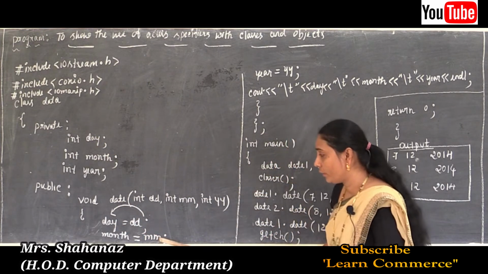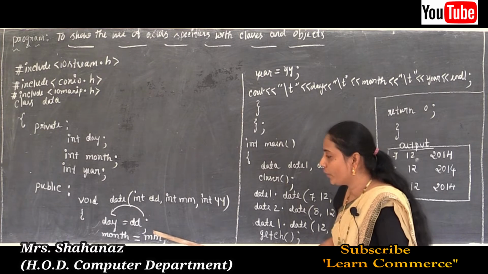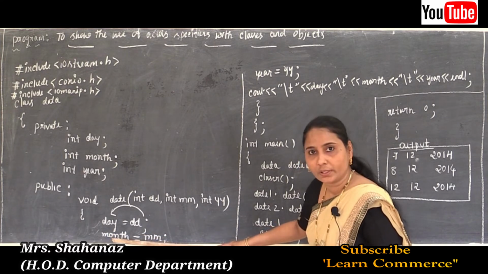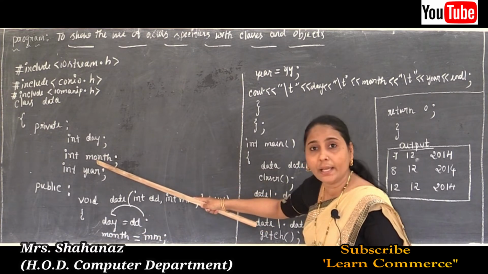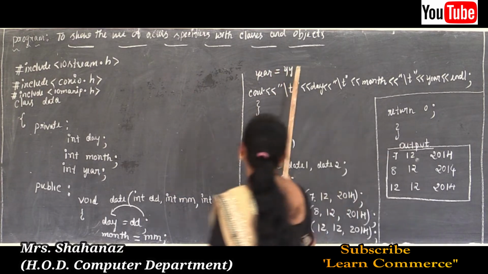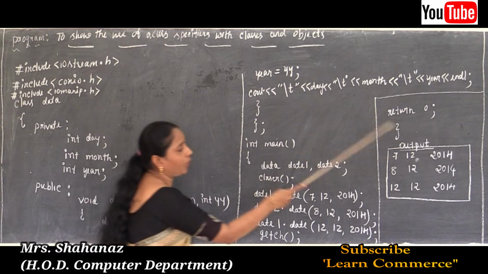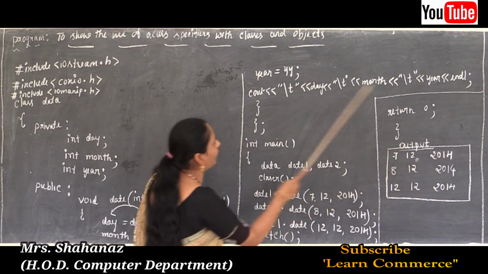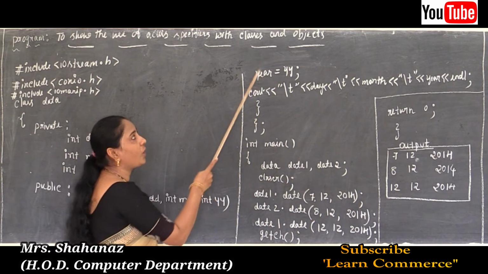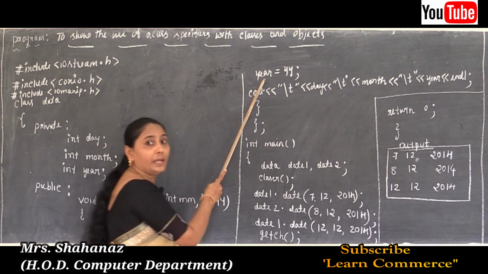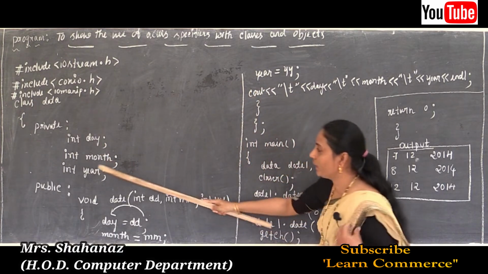And later whatever is in mm is going to be added to the month. I already declared month, and later next is yy, maybe 2014. Why? Because in the output I wrote 2014. So 2014 is going to be added into the variable year, and such year I already declared here.